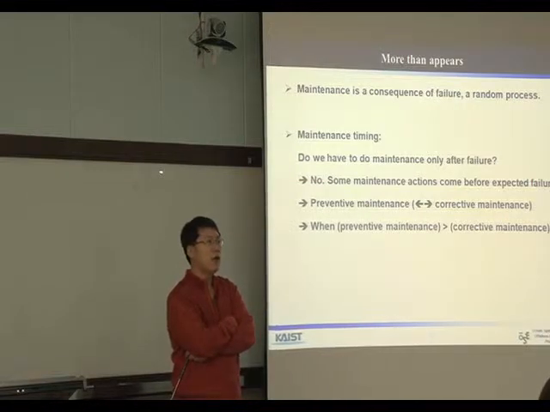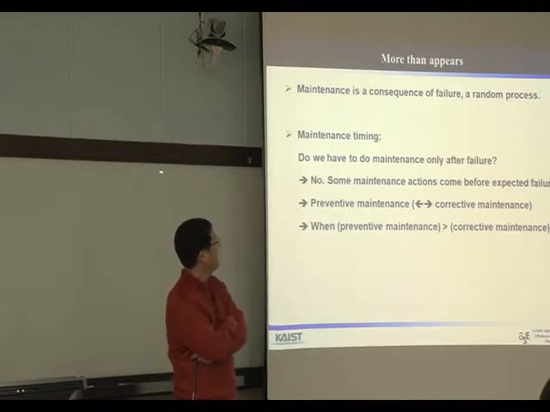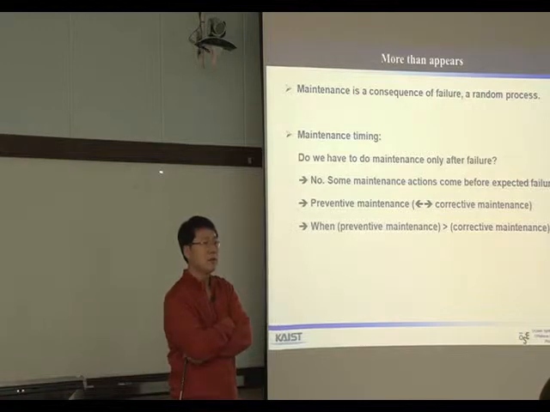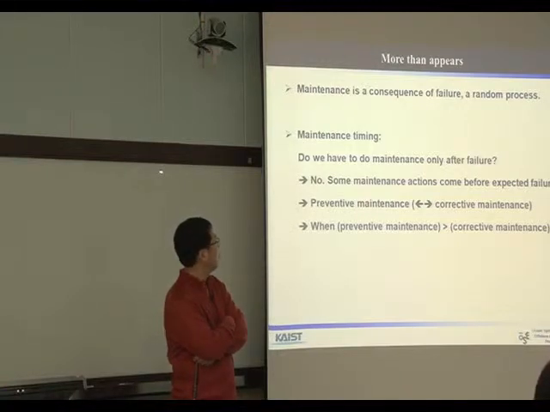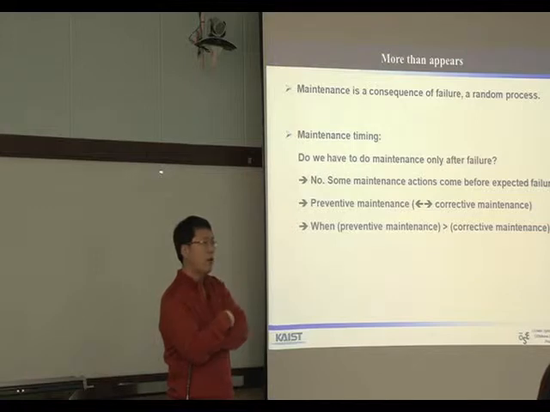So we can approximate the question like this: do we have to do maintenance only after an accident? Some maintenance action should come before the expected failure. Sometimes we can expect the failure. So there are two kinds of maintenance. One is preventive maintenance, the second is corrective maintenance.